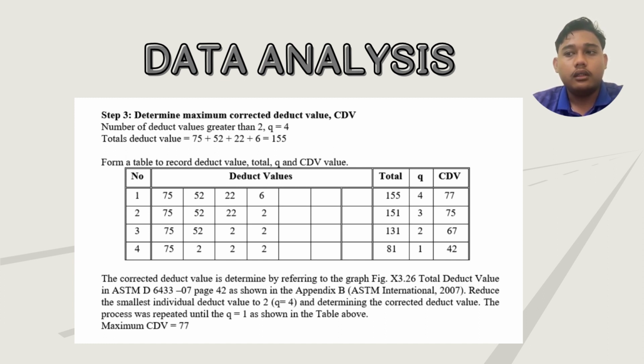So we reduce the smallest individual deduct value to 2, so that Q equals 4, and determine the corrected deduct value, and the process is repeated until Q equals 1, as shown in the table. So the maximum corrected deduct value is 77.